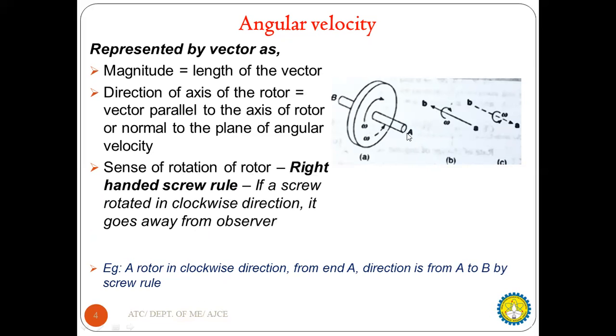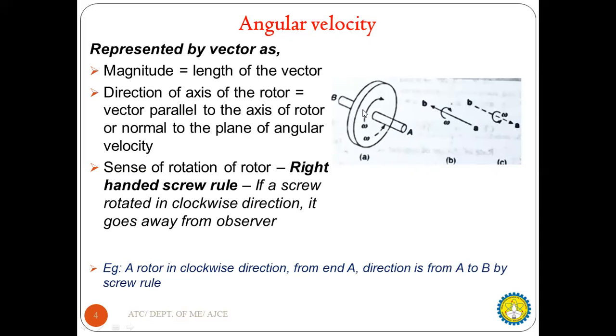Here, if you are looking from end A, considering that the disk is rotating in clockwise direction, this solid arrow line represents the direction of rotation of the disk. It is rotating with some constant angular velocity. AB represents its vector.